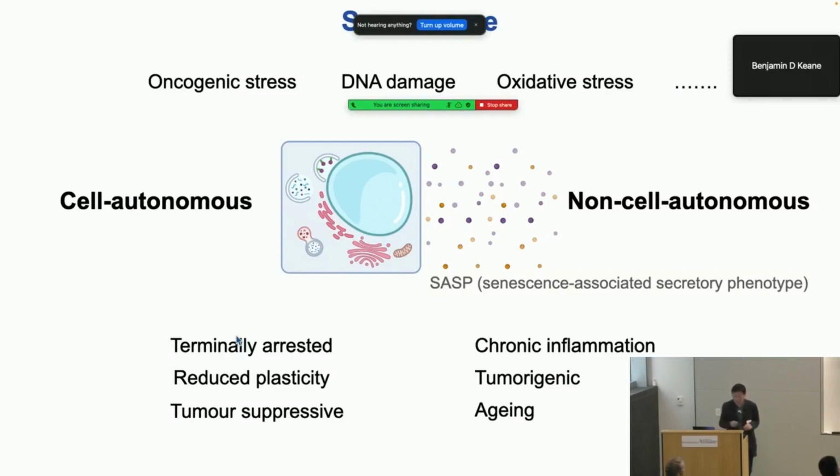Because if you go look outside, some representative function is SASP, senescence-associated secretory phenotype. Senescent cells secrete so many different things, right? So it has a big impact on the microenvironment, the tissue microenvironment.